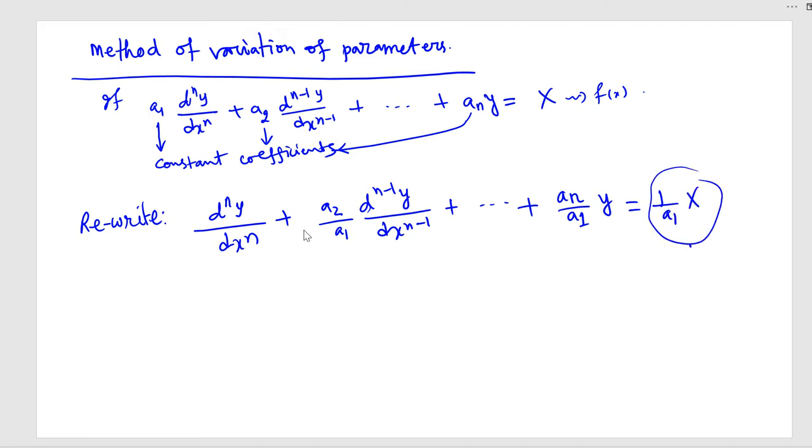Again, the right hand side remains a function of x. Okay.